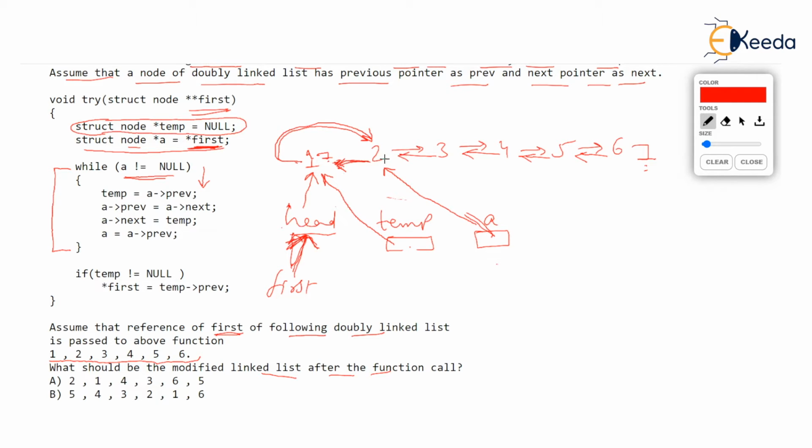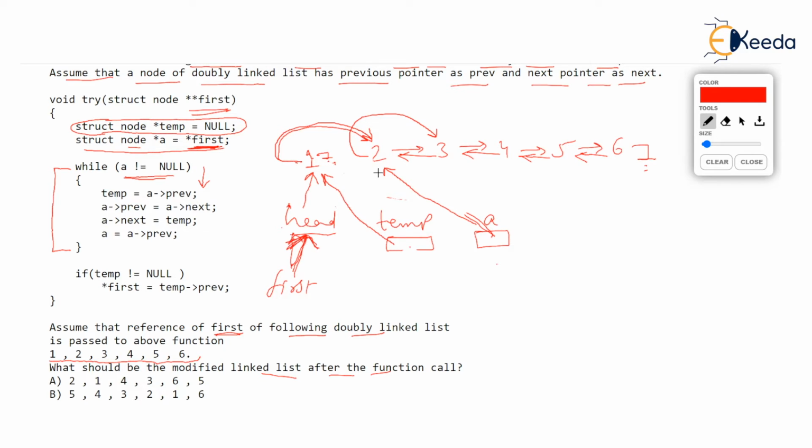That means a arrow prev will discontinue to point to 1. 2's prev will not point to 1, but 2's prev will point to 3. Isn't it? So what are we going to have? This link is broken and we will have a arrow prev, that is 2's prev, pointing wherever 2's next points. The next line is a arrow next equal to temp.